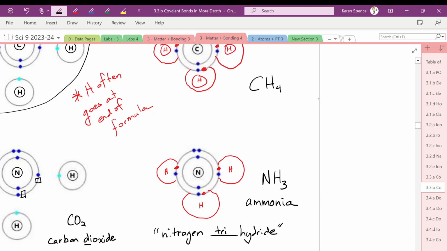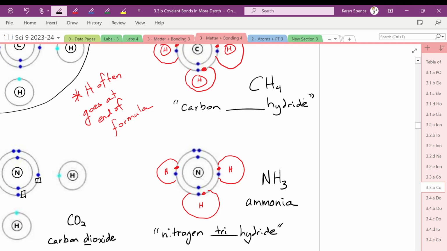Now, CH4, once again, if we went by standard naming practices, we would call it carbon something hydride. And I don't expect you to actually know the one for 4.